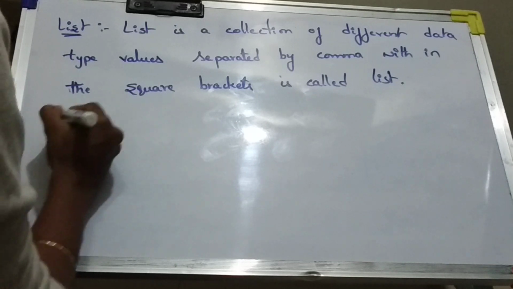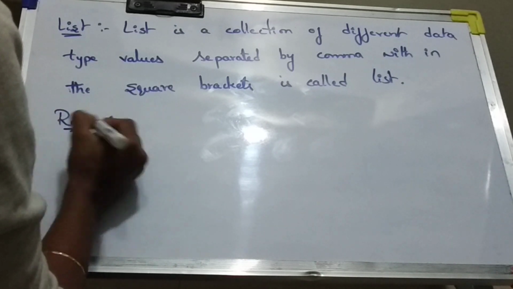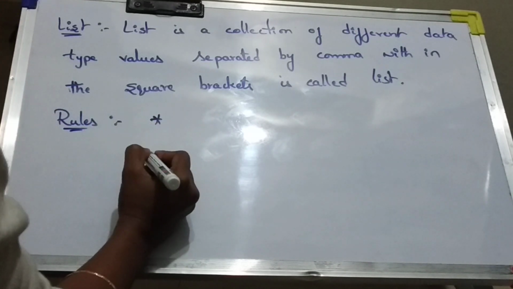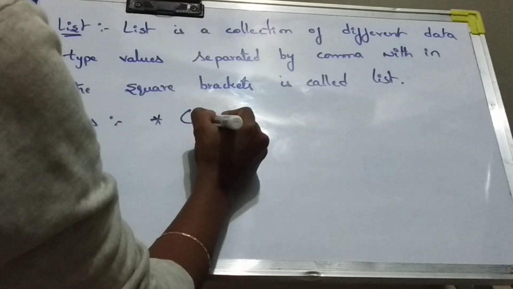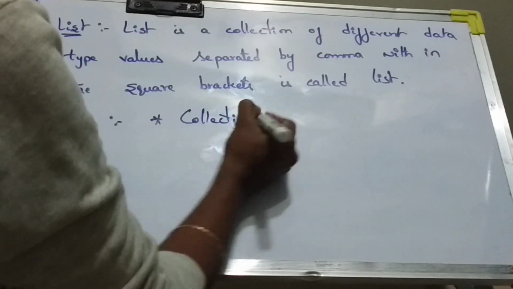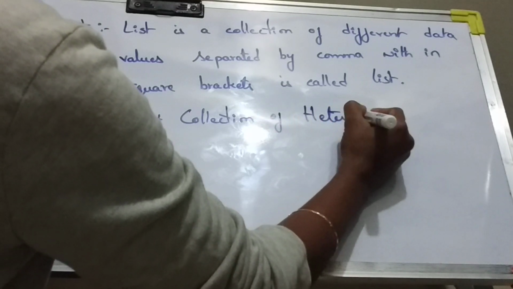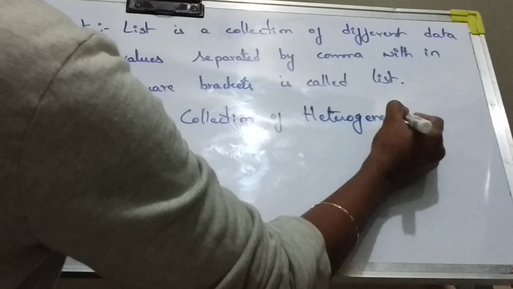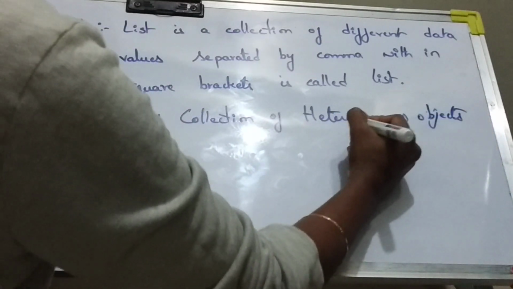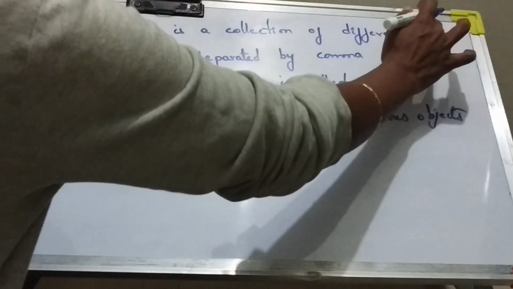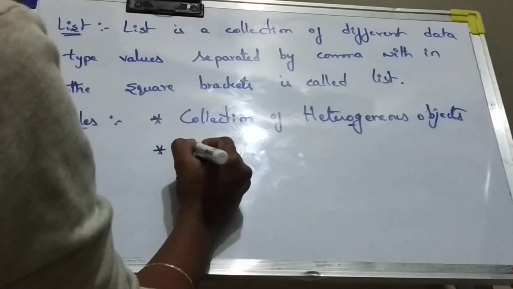The rules are: first, it is a collection of heterogeneous objects, which means different data type values. Next, order is preserved.